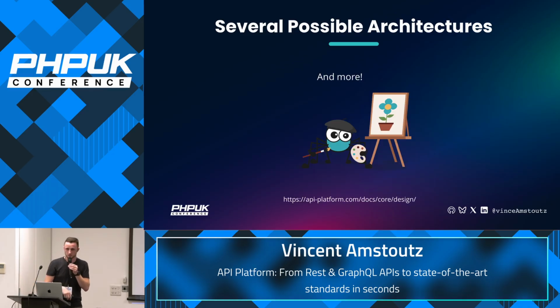Also, event-oriented architecture, DDD, and so on are possible with API Platform. It's documented in the API Platform documentation, and some talks are also on YouTube, and we can help you if you want to implement this architecture and these patterns in your projects.